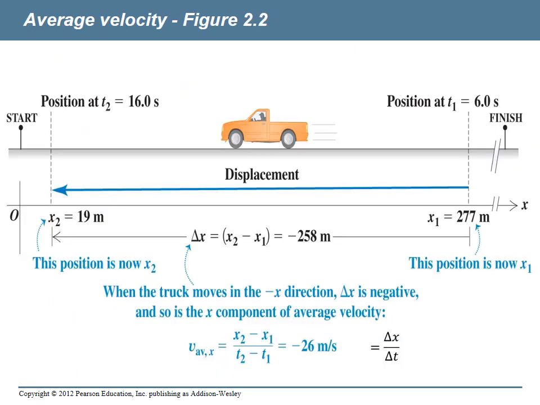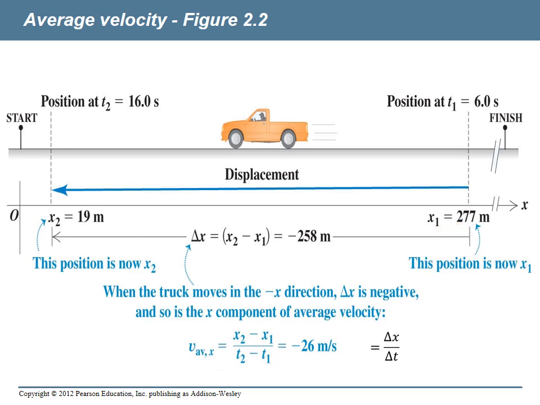So we have here a truck driving along, and we talk about its displacement. It started out up here at position 1, with time t1 equal to 6 seconds. So when the time was equal to 6 seconds, we started our watches, and the truck was here at position 1. That position 1 we said is x1, which is equal to 277 meters.